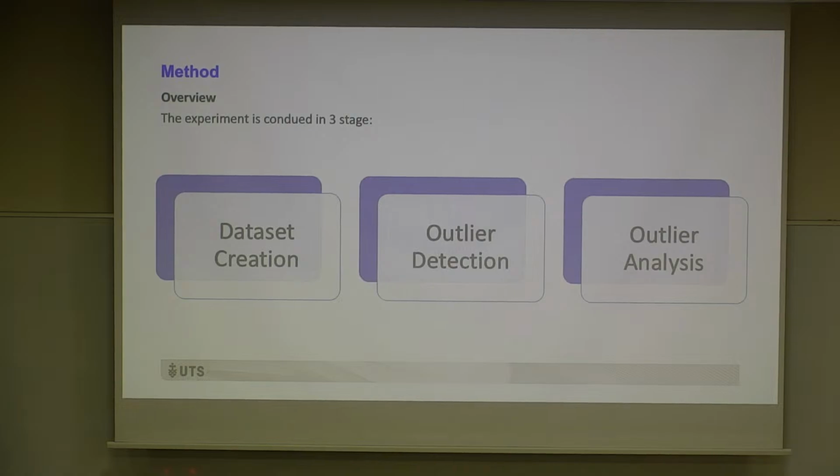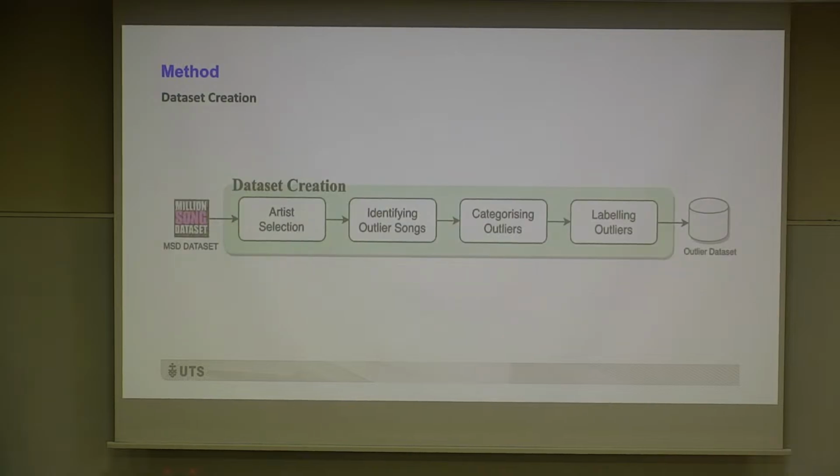So basically, the experiment can be divided into three main stages: dataset creation, outlier detection, and lastly, outlier analysis. For dataset creation, we use the Million Song Dataset subset, select the artists, and then manually listen to them, label the outlier songs and categorize them.